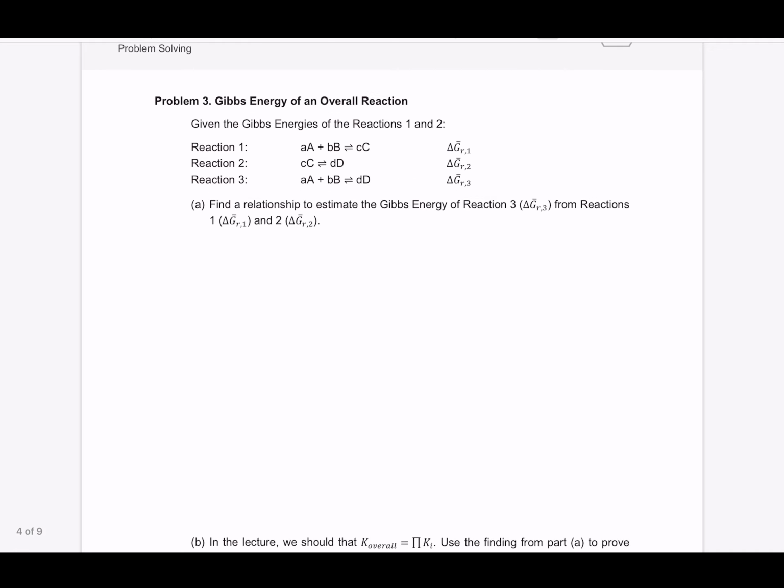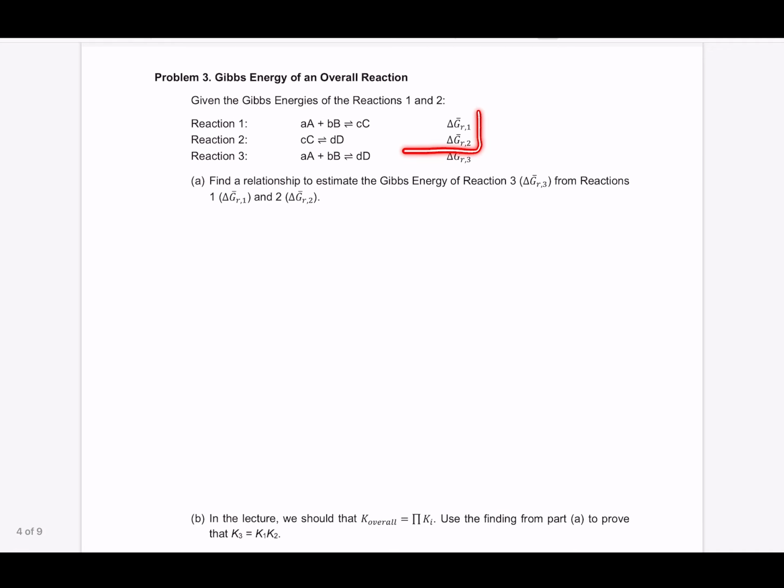Right now we know delta G of these two, and we know reaction 3 is simply the combination of the two reactions. So we want to see how delta G is related to the delta G of the individual reactions. What we did for K, we do the same thing here. We individually look at the reactions and then see how 3 compares to the other two.